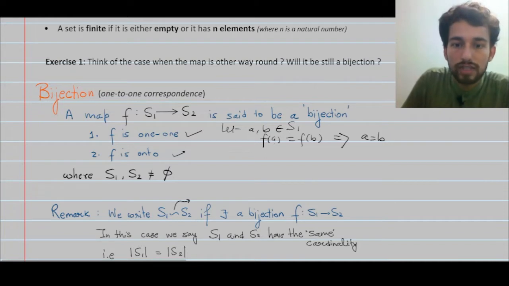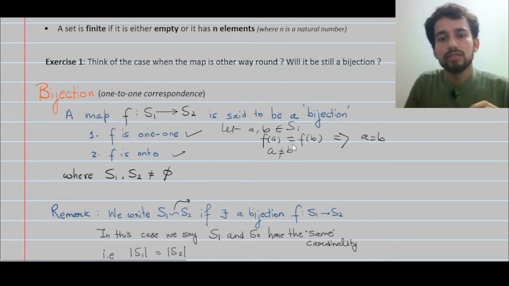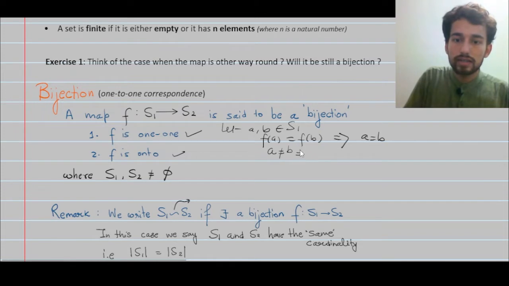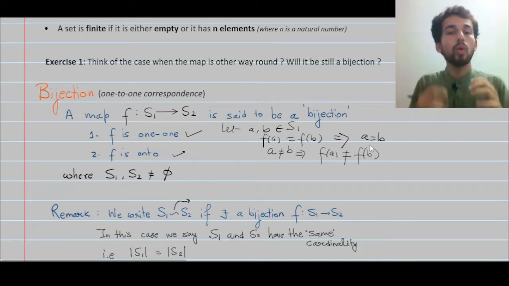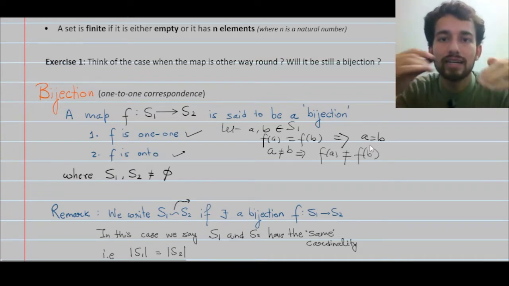An equivalent way of saying this: if I choose two distinct elements a and b, then their images are also different, f(a) is not equal to f(b), and this should hold whenever we choose a and b different.